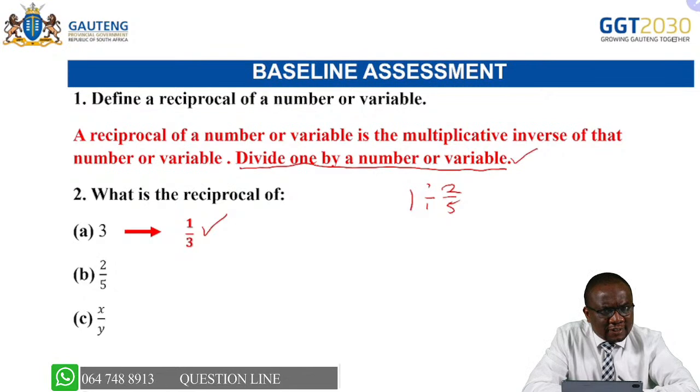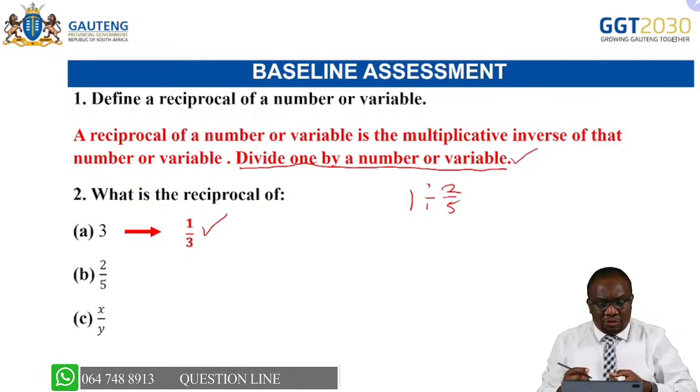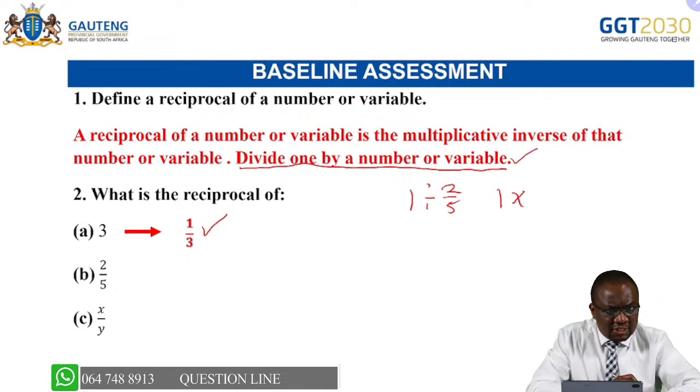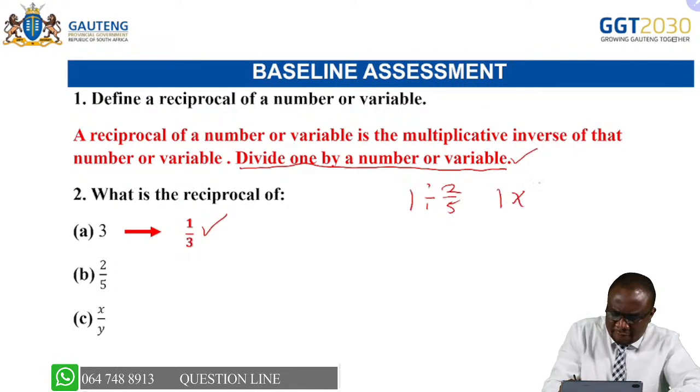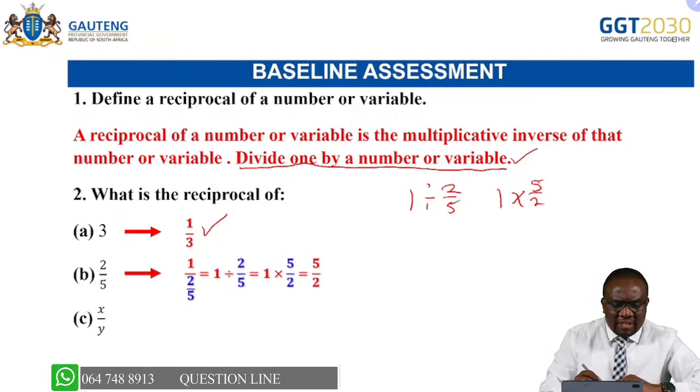How do we divide fractions? We tip and times. Do you remember that? So 5 goes up and the 2 goes down. So it's going to be 1 times 5 over 2. You see, the division has changed. It's now times. What is 1 times 5 over 2? It is 5 over 2. So the answer here is 5 over 2.